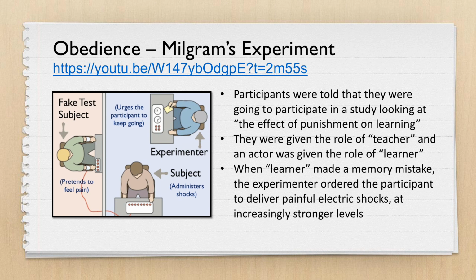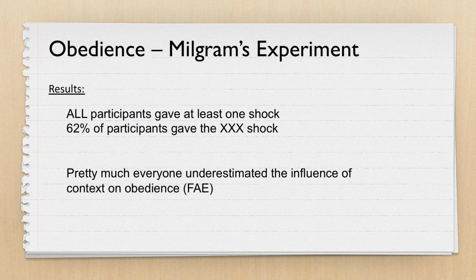So the shock generator starts with a mild shock and increases to the moderate shock, and then in the end to the danger, severe shock, and then XXX shock. The results are shocking. All participants gave at least one shock. 62% of the participants gave the XXX shock, the most severe shock.